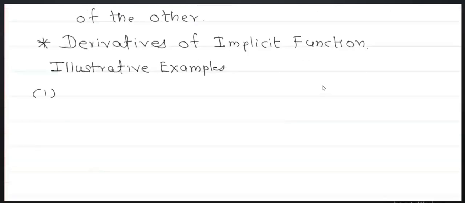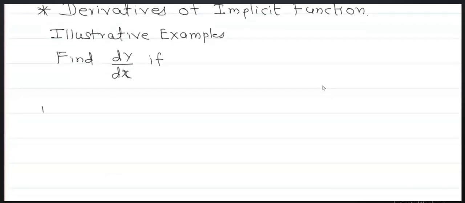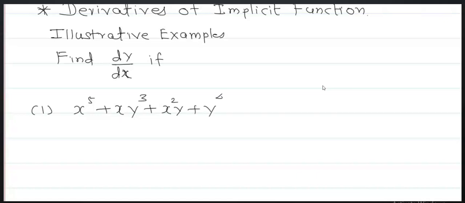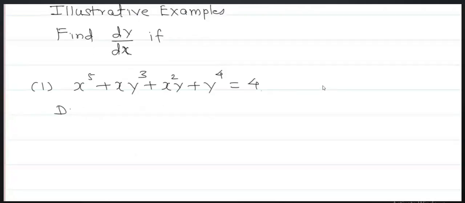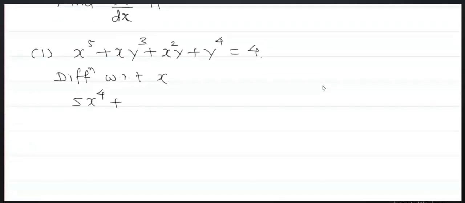In these topics, I think there is no rule. Find dy by dx if x raised to 5 plus x into y raised to 3 plus x square y plus y raised to 4 is equal to 0.